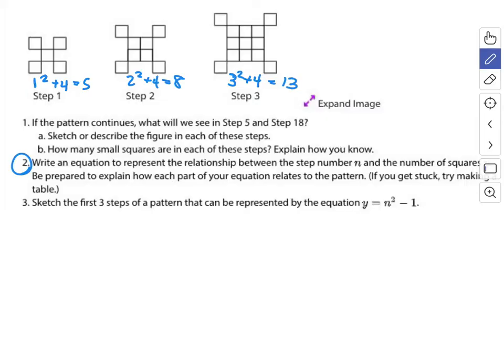So what we've done there, we're step 3, we can say n equals 3, n equals 2. It's the number of steps. And then for those, you'd have n equals 5 and n equals 18. So our equation is as simple as saying n squared plus 4, with 4 being the only thing that's consistent in each step. And we call that our constant.